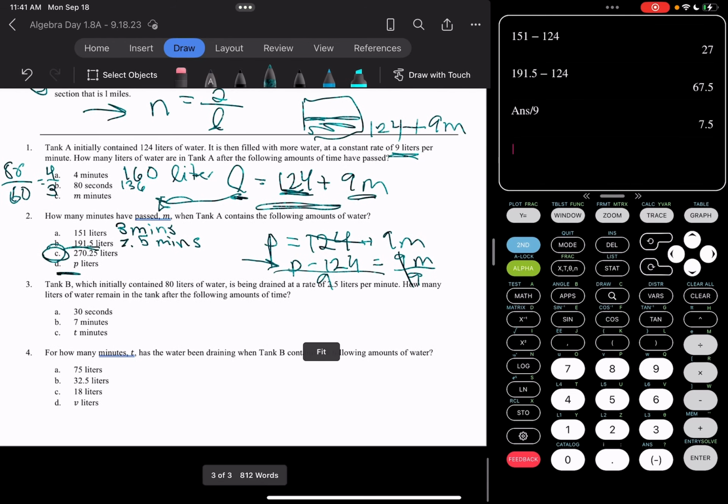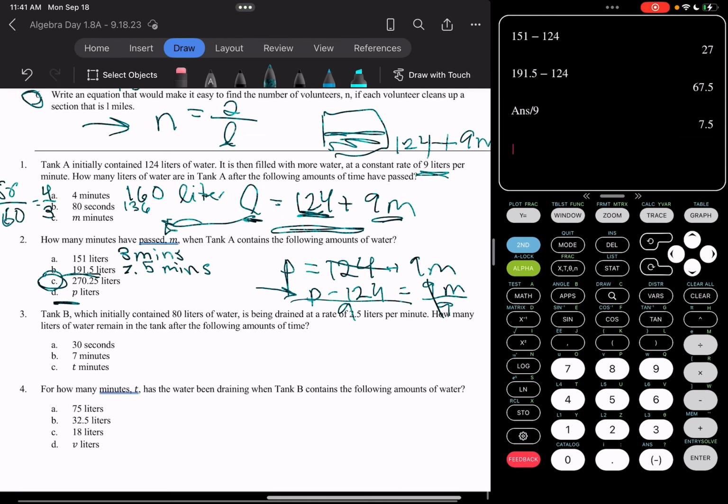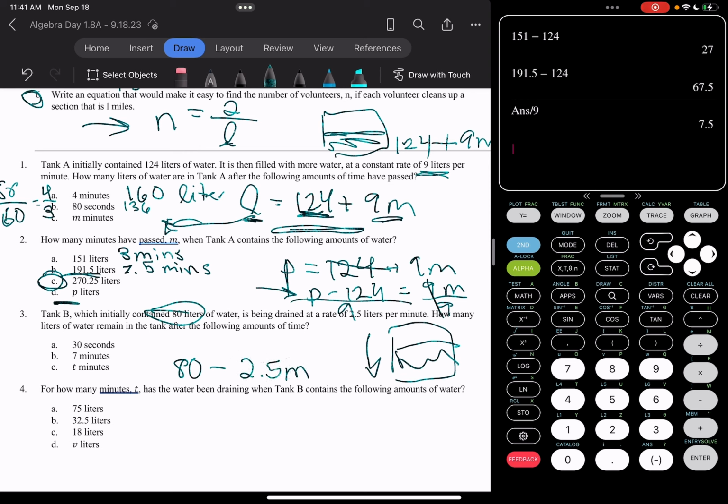All right, tank B is the opposite situation. It initially contained 80 liters. So we have our tank, it contains 80 liters, and it's draining, so it's going down. So here, I'm going to be thinking about 80 liters of water minus 2.5 per minute equals the number of liters remaining.